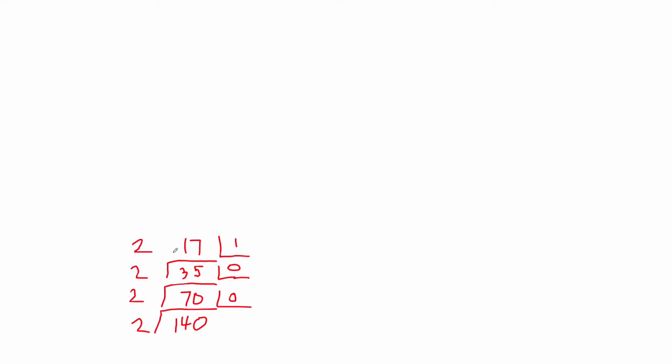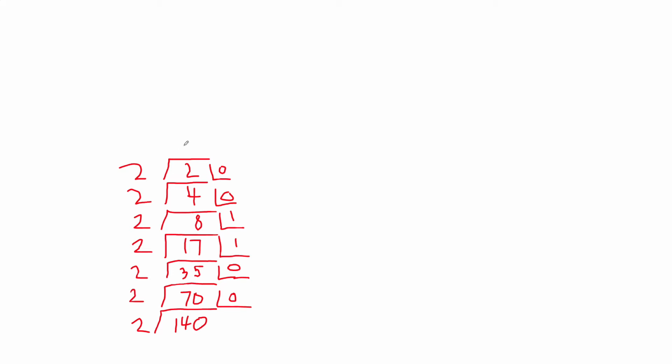We're going to divide by 2 again. 2 into 17 goes 8 times. What's our remainder? Our remainder is going to be 1 since it's an odd number. So anytime you have an odd number, you're going to get a remainder of 1. 2 into 8 is 4 with a remainder of 0. 2 into 4 is 2 with a remainder of 0. 2 into 2 is 1.